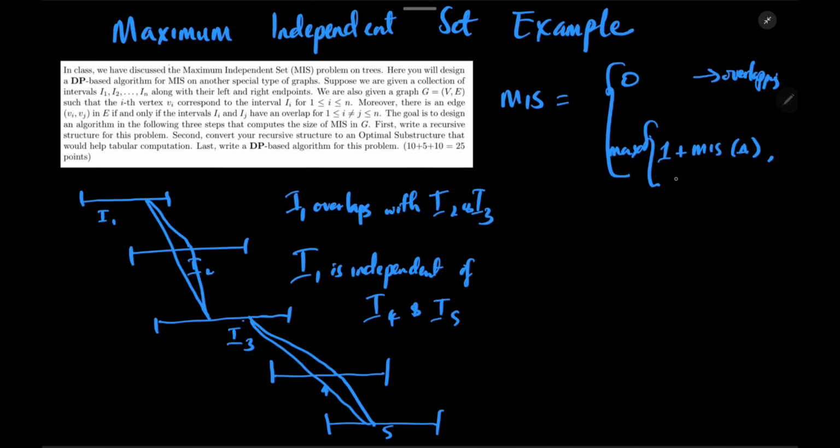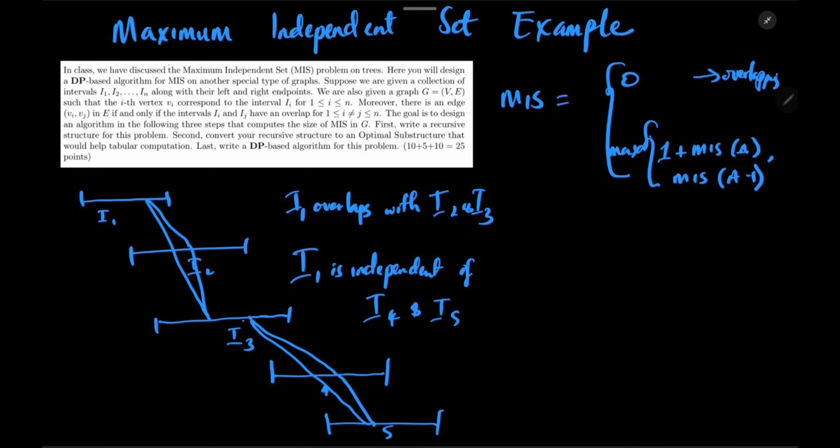Now let me explain what this means. Let A be the set which includes interval 1 but does not include its overlapping intervals. Let me repeat that: a set A includes interval 1 but does not include its overlapping intervals.